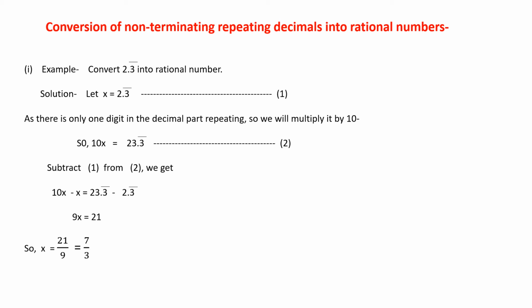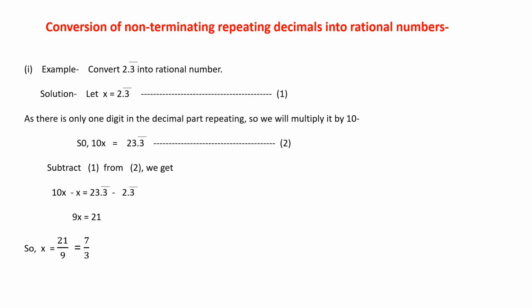As there is only one digit in the decimal part which is repeating, we will multiply it by 10. So when you multiply the left hand side by 10, it will be 10x, and when you multiply the right hand side, that is 2.3 bar by 10, it will be equal to 23.3 bar, and we will name this equation number 2.